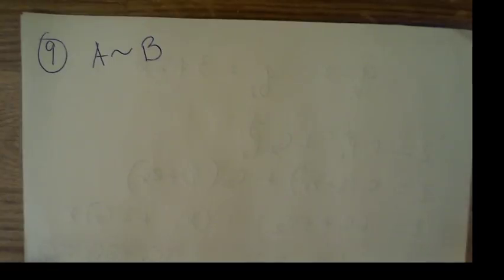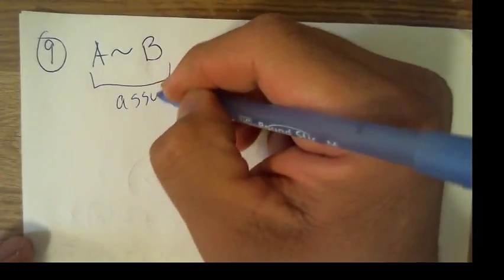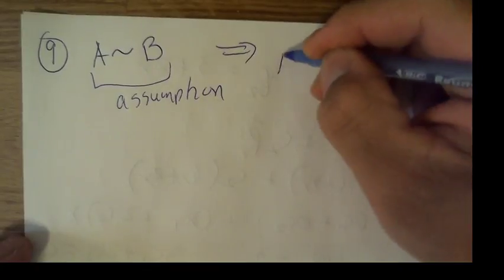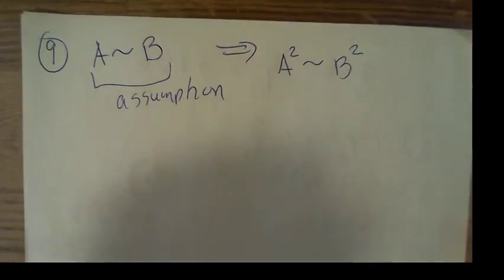we're told that A is similar to B. All right, so here, this is our assumption. And I would like to show that A squared is similar to B squared.